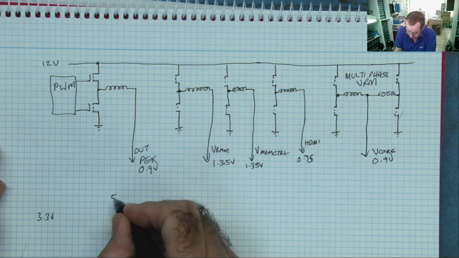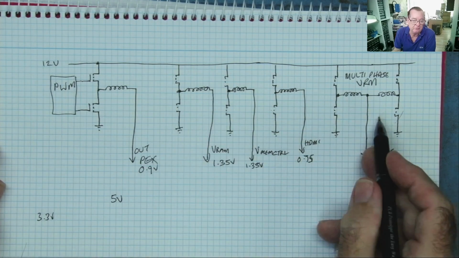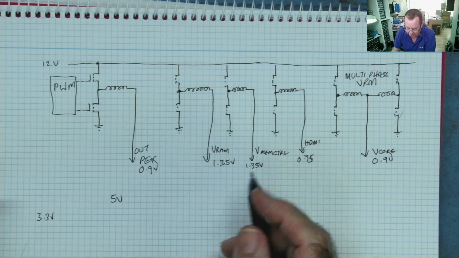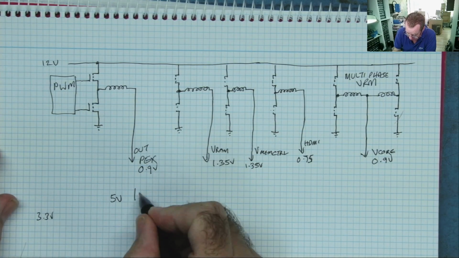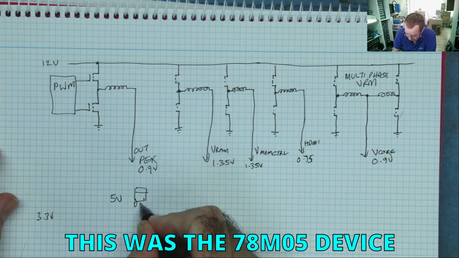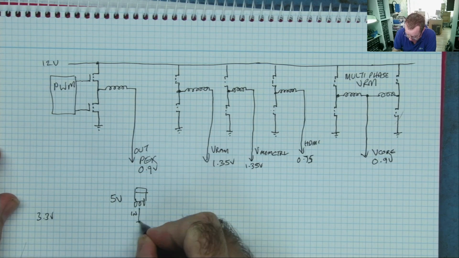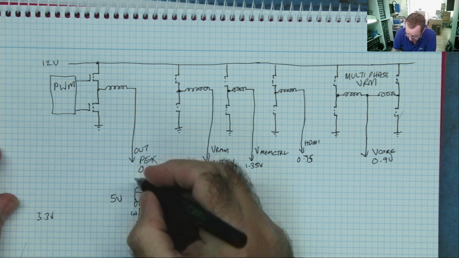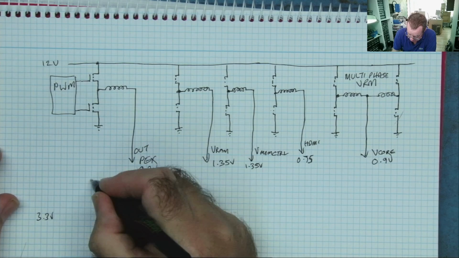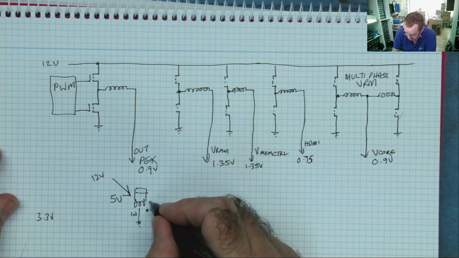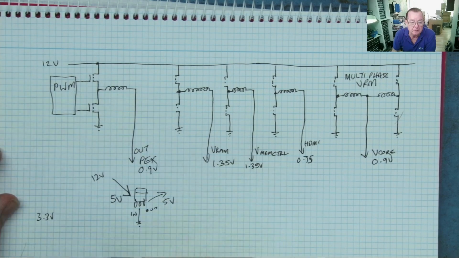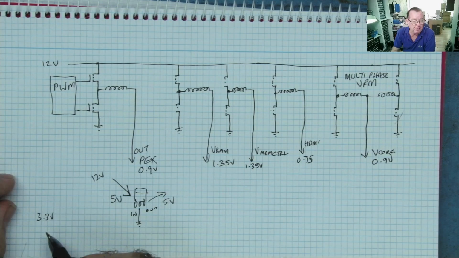Now the 5 volt doesn't generally use one of these because it doesn't have much power. This just uses a little voltage regulator, and we saw it on our examples. A little 3-pin voltage regulator, in, ground, out, and we had coming in 12 volts, and we had going out 5 volts.